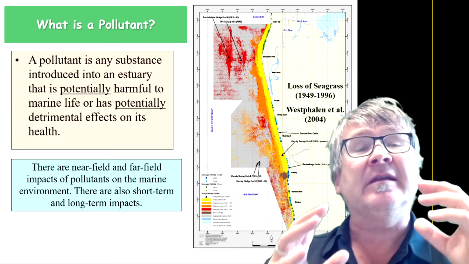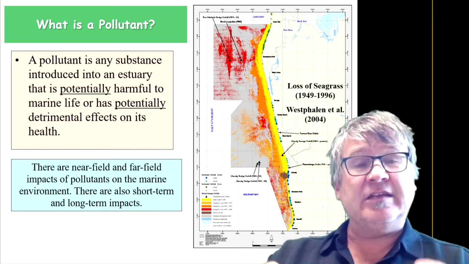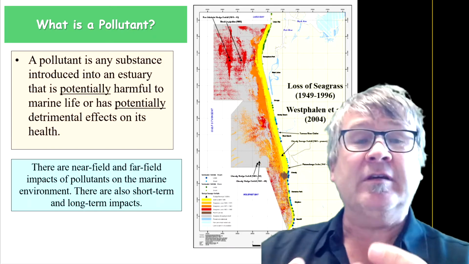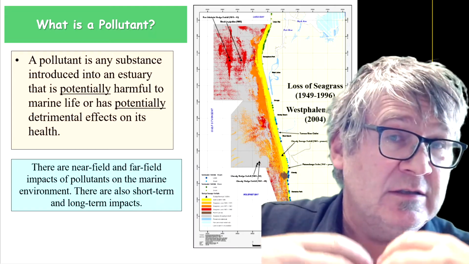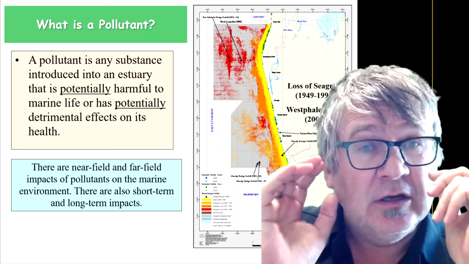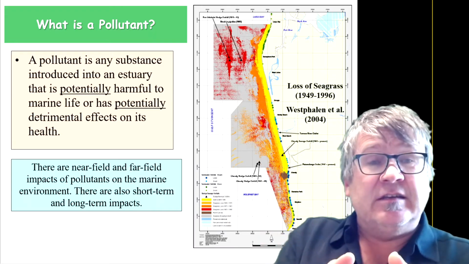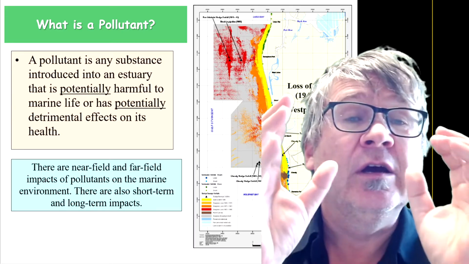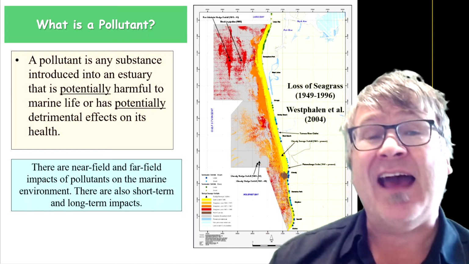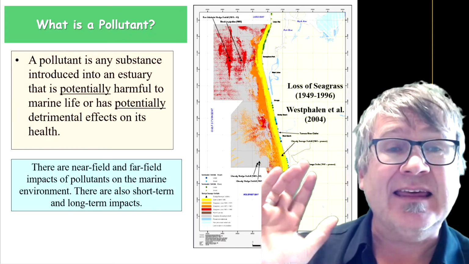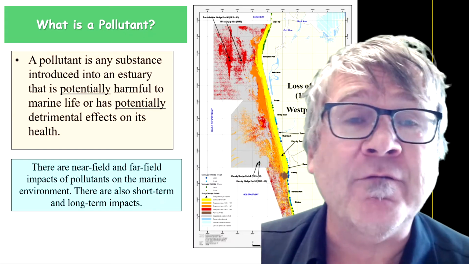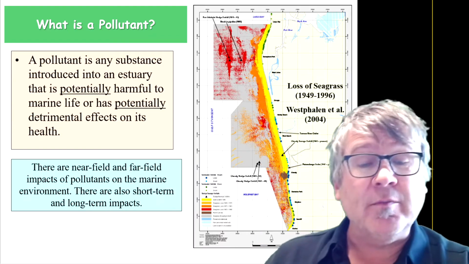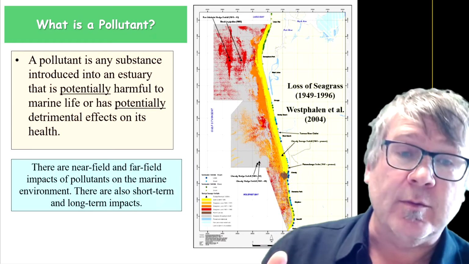Near field means in the vicinity of the pollutant, or if it's a sewage discharge, within the vicinity. And far field means what's the impact on the entire marine ecosystem of an estuary. There are also short-term impacts and long-term impacts.